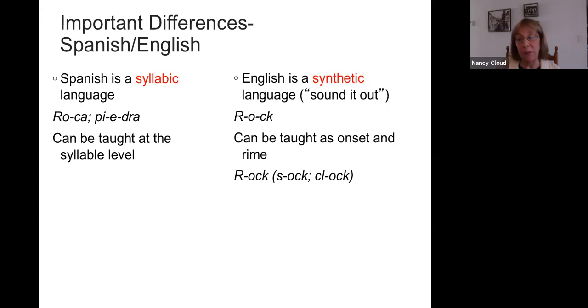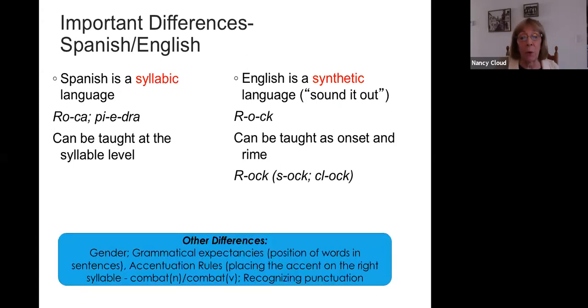And there are 37 phonograms in English that could be taught as onset and rhyme. So you can do that a bit in English. And I would encourage you to teach the phonograms in English because then the English and Spanish will have even more parallels if you do that, rather than always doing it synthetically, sounding out each letter.